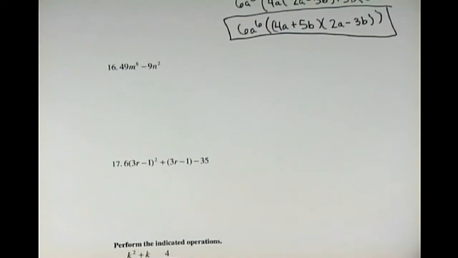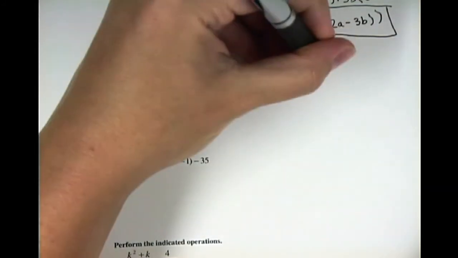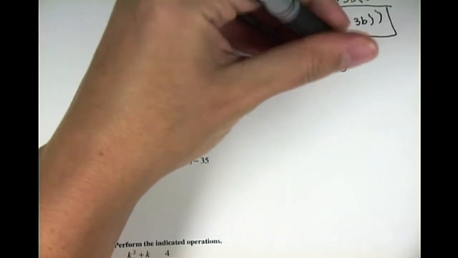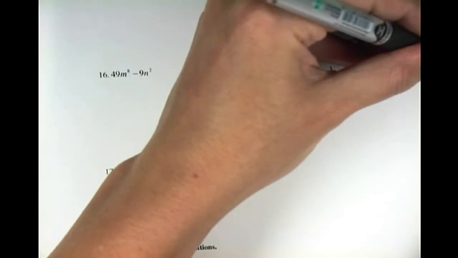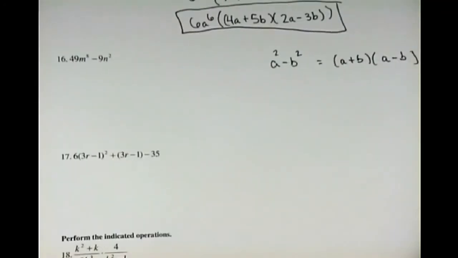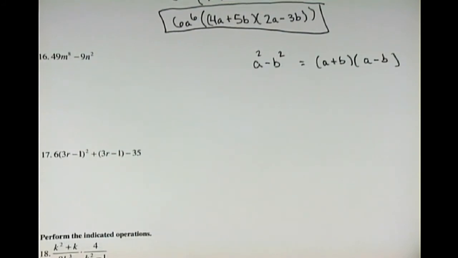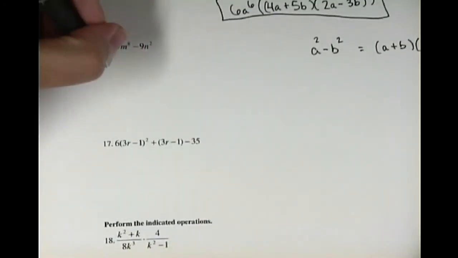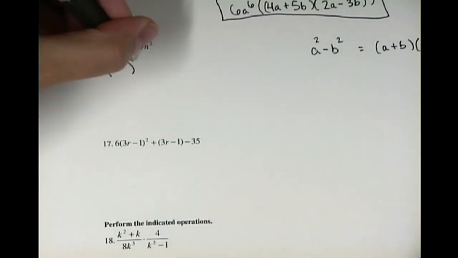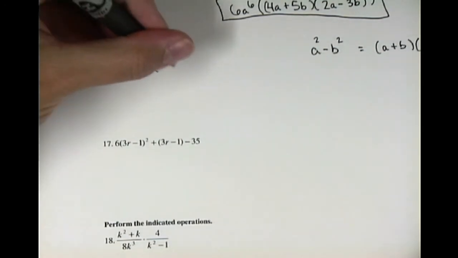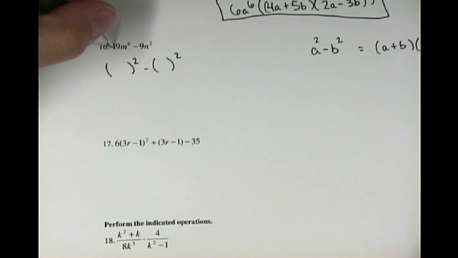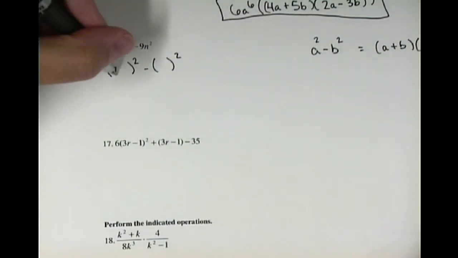The next one is a difference of squares. In a difference of squares, usually you have a squared minus b squared, which can be factored into a plus b times a minus b. That's the formula for the difference of squares. And so on this one, if I try to write this as something squared minus something else squared, I would have to figure out the square root of 49, which is 7.